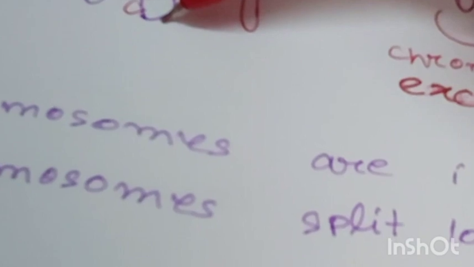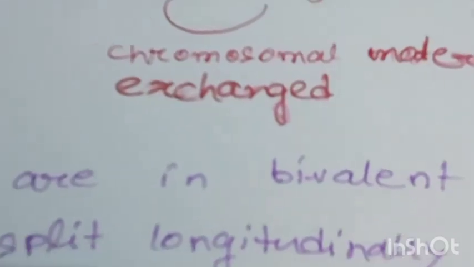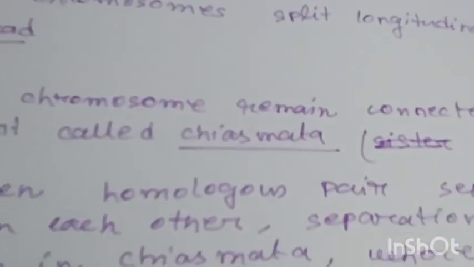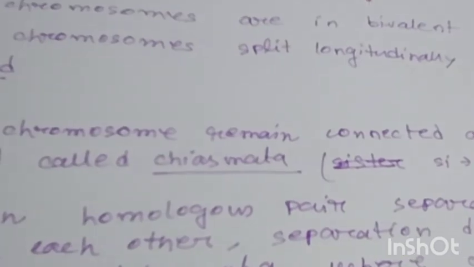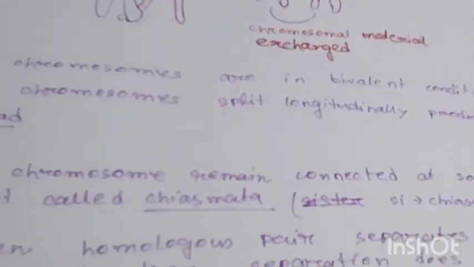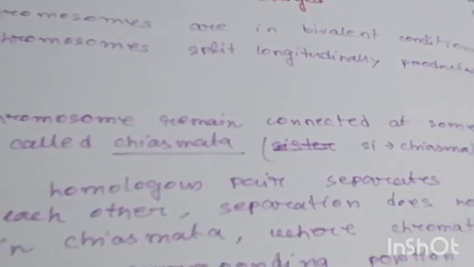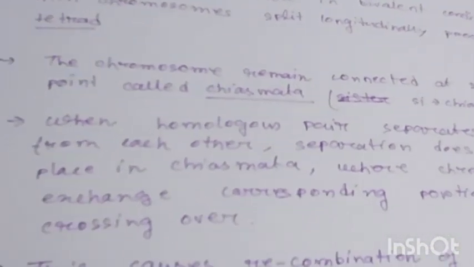Means a part of this will be cut and attached here, and a part of this will be cut and attached here, as in the diagram I have shown. This kind of exchange is done by the process called crossing over, and this results in recombination. Recombination helps in the production of new features in the organism, which is highly required.